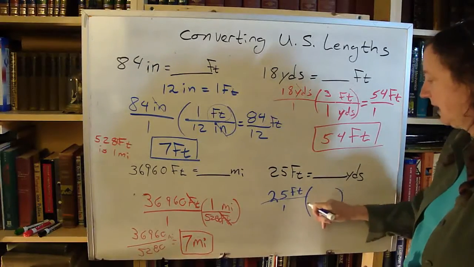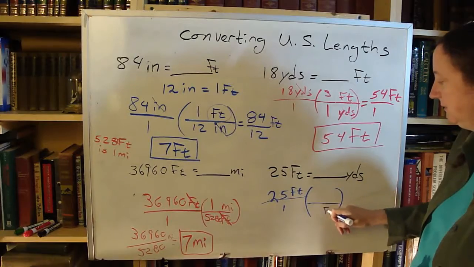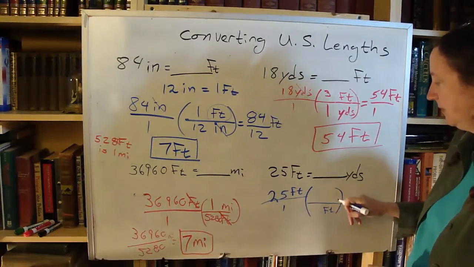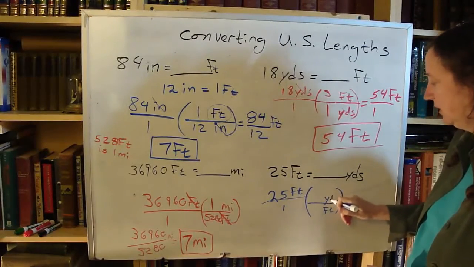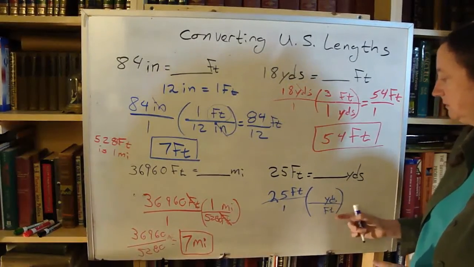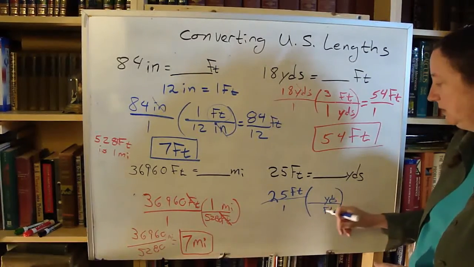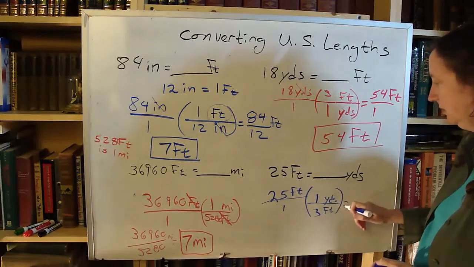Open my conversion factor. I have feet on the top. I want to get rid of it, so I'm putting it on the bottom. I want to go to yards, so I put yards on the top. I know that 3 feet equals 1 yard, so I put the 3 by the feet. I put 1 by yards.